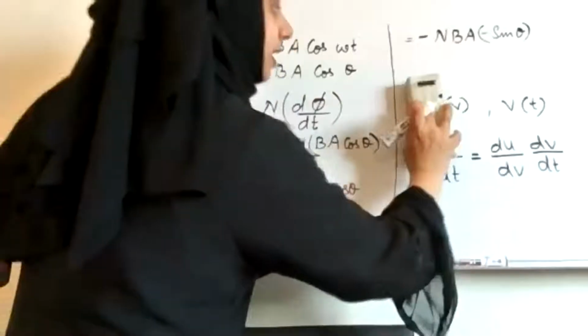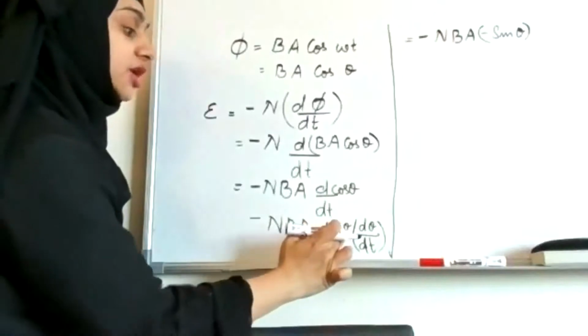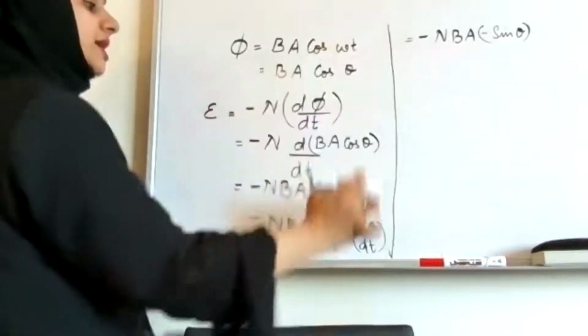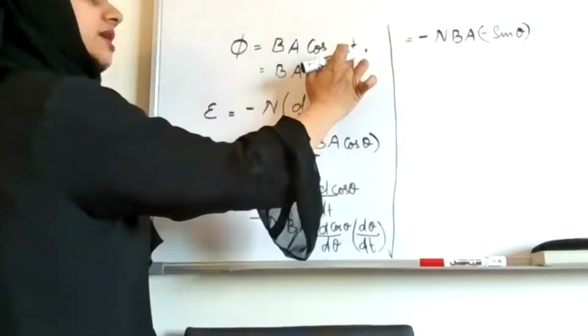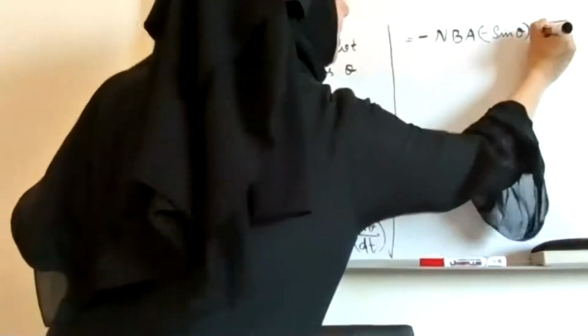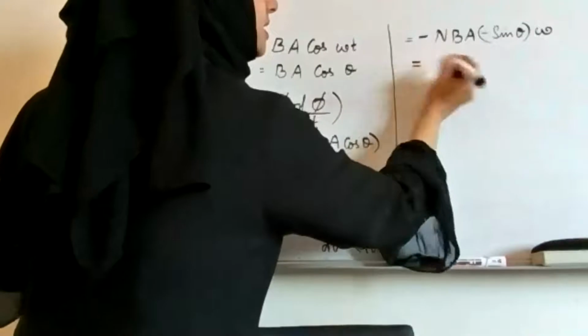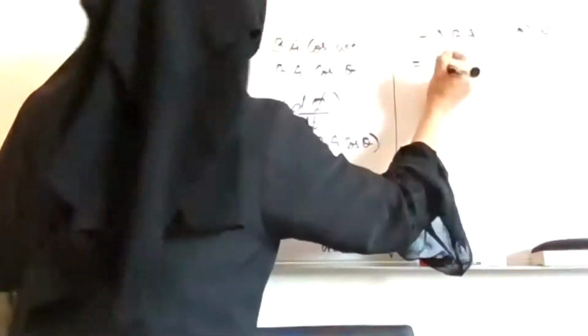Yes. Okay. So what I did was I wrote first d by d theta of cos theta, minus sine theta, and d theta by dt. What is theta? Omega t. d by dt of omega t is omega. So I got here omega. Now what I did was minus times minus plus.